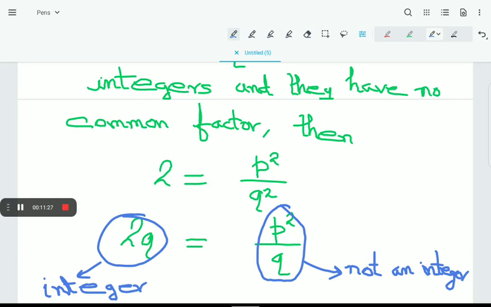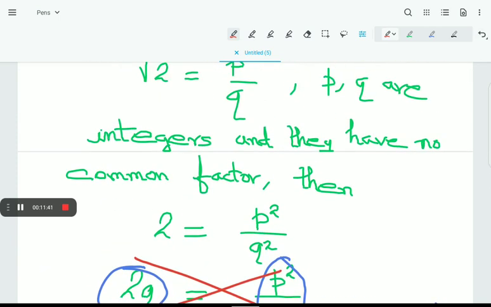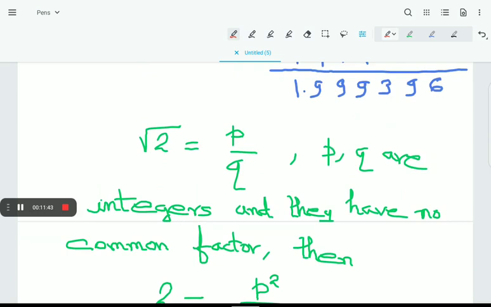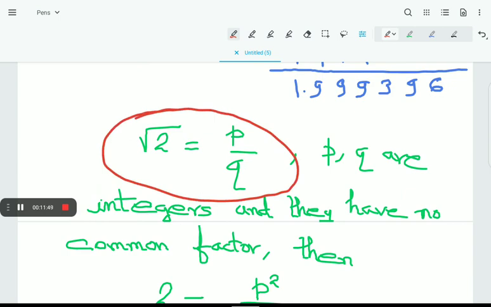Obviously, if you write that kind of thing, then the teacher will say, you made a mistake here. Where did you make a mistake? Well, we made a mistake because we started with root 2 equal to p by q, where p, q are integers.